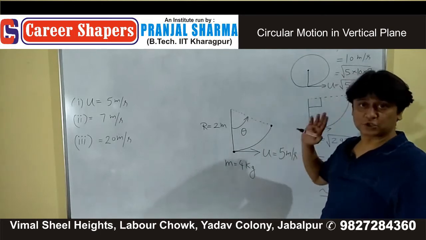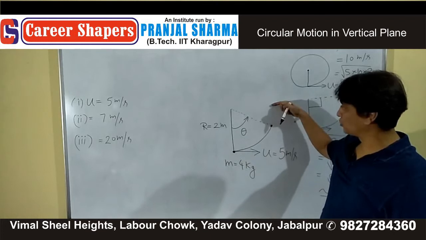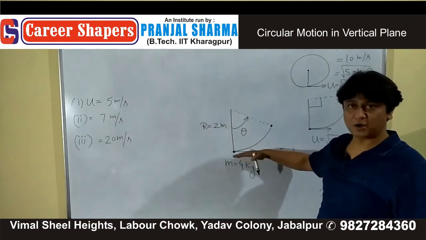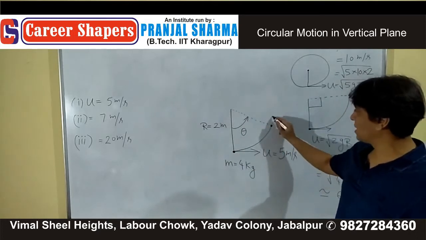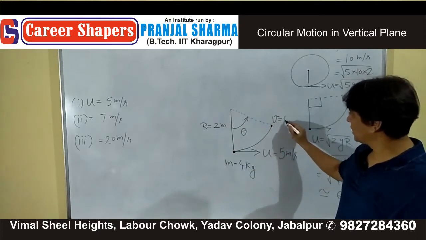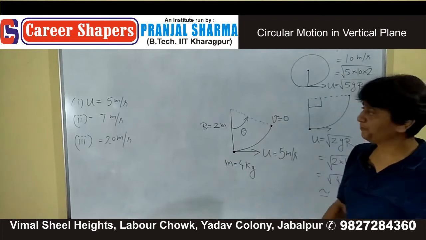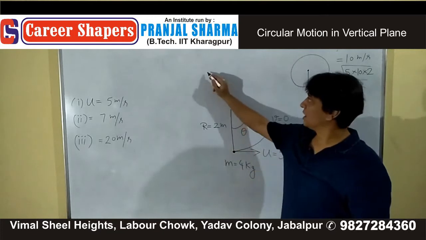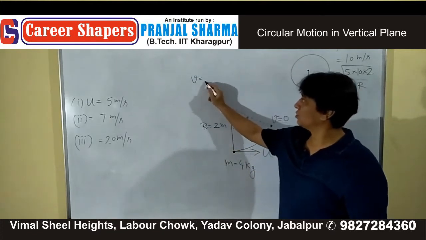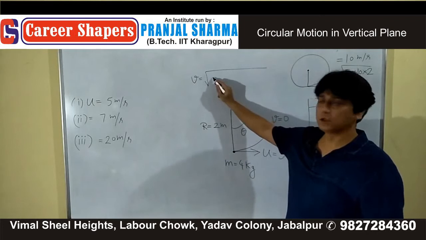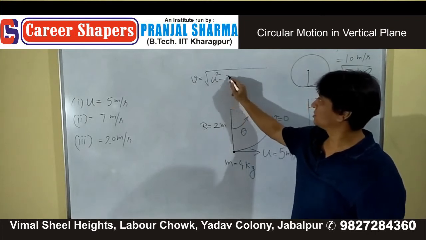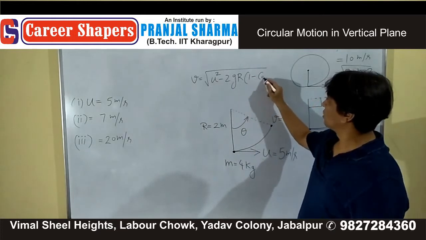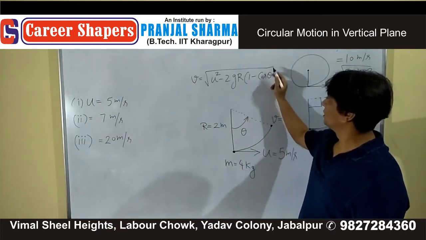U is 5, which is less than 6. You cannot reach the 1/4 mark. That means you are in the lower half. And if we are in the lower half, then at the extreme end velocity should become 0. If v becomes 0, then we have the formula of v, which is root over u square minus 2gr into 1 minus cos theta.